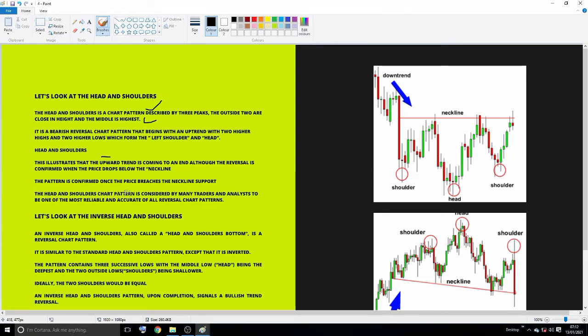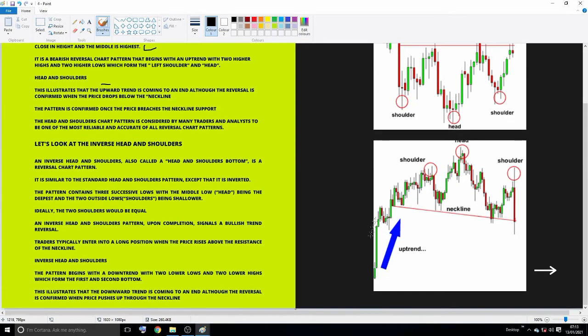The head and shoulders chart pattern is considered by many traders and analysts to be one of the most reliable and accurate of all reversal charts. So what happens on the head and shoulders is that we have price pushing up, and then creating this level.